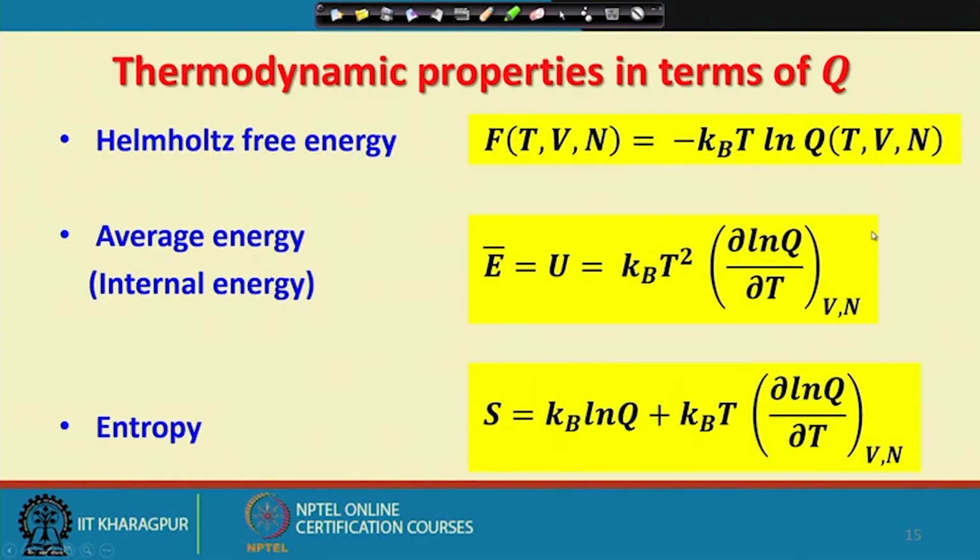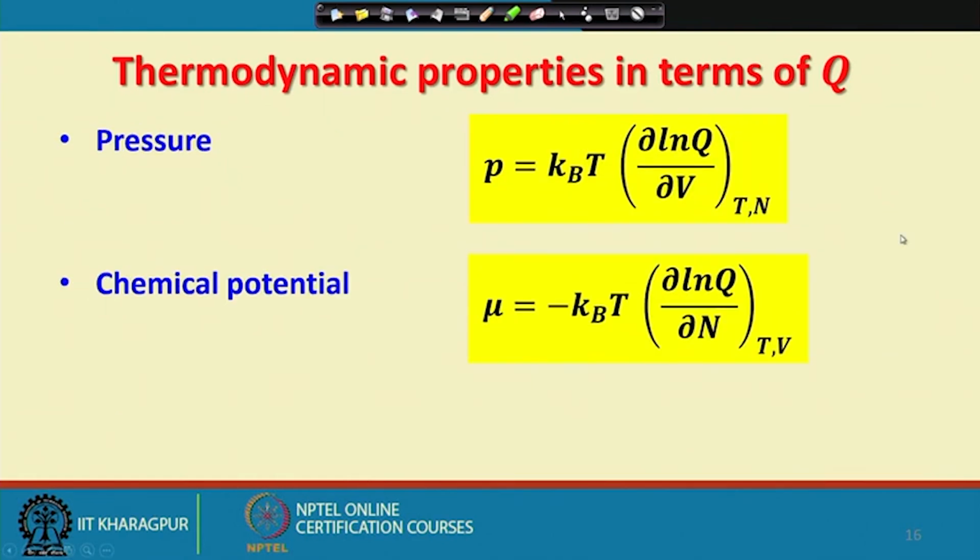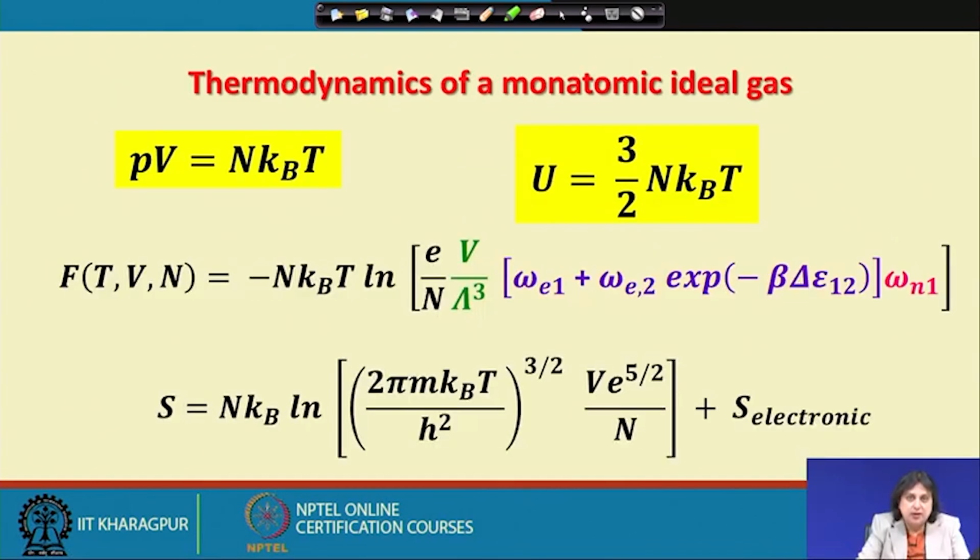Of course, you can go ahead and try to calculate other quantities. So, what are the other quantities that you can try to calculate? Obviously, average energy, entropy, or the chemical potential. So, following the prescription given here, you can very easily show that the internal energy is 3/2 NkT.